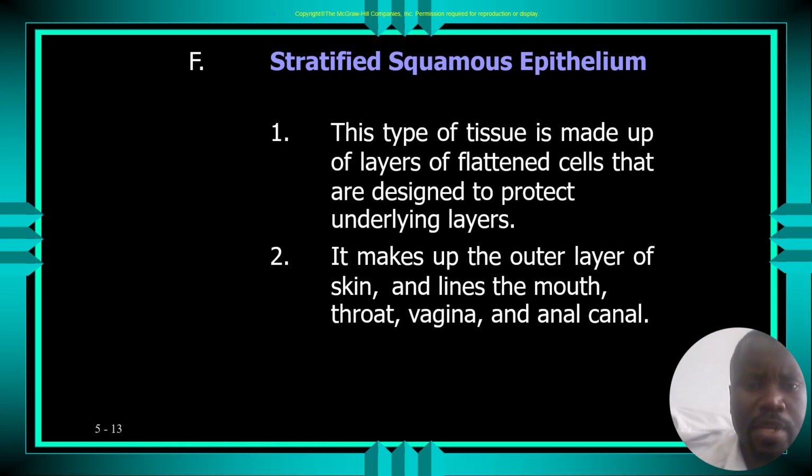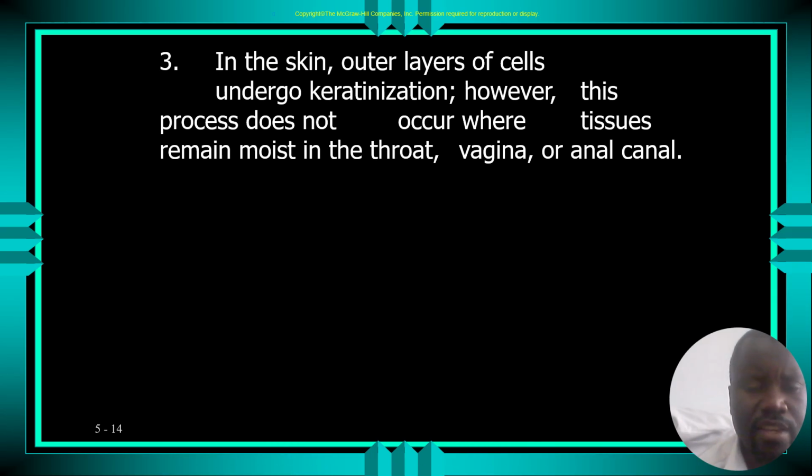This type of tissue is made up of layers of flattened cells that are designed to protect underlying layers. So it makes up the outer layer of the skin, the mouth, the throat, the vagina, and the anal canal. In the skin, the outer layers of cells are also keratinized. So we find that the skin is not only stratified squamous, it is also what?